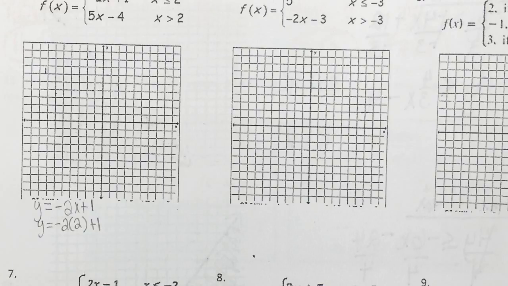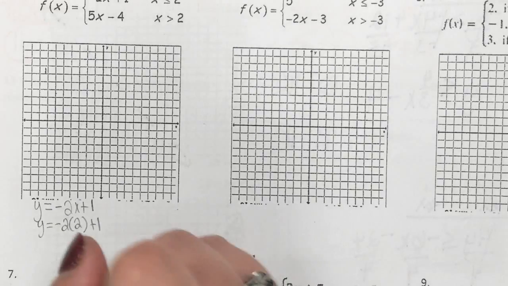And what's the y value that you get when you plug in 2? What's negative 4 plus 1? Negative 3. Very good.